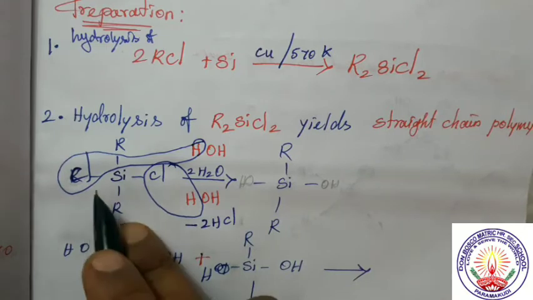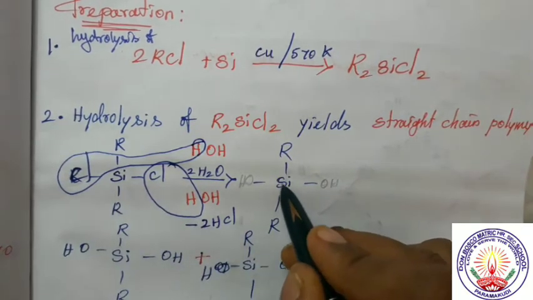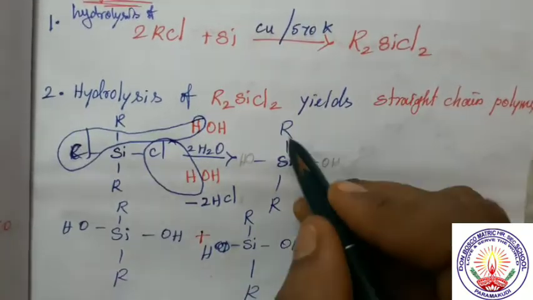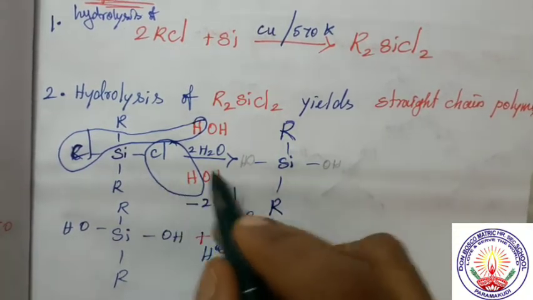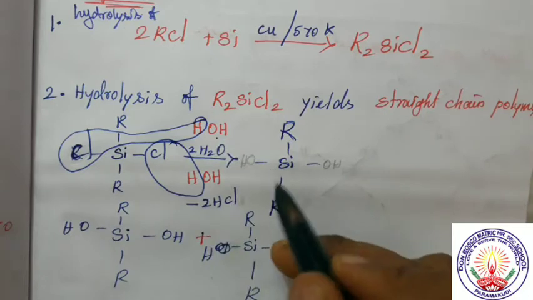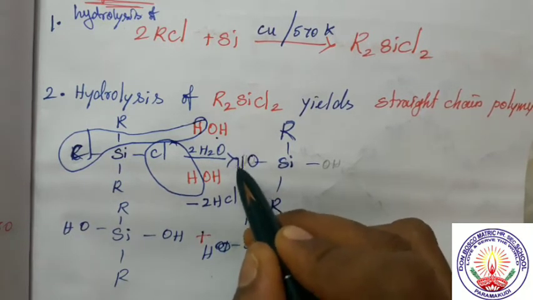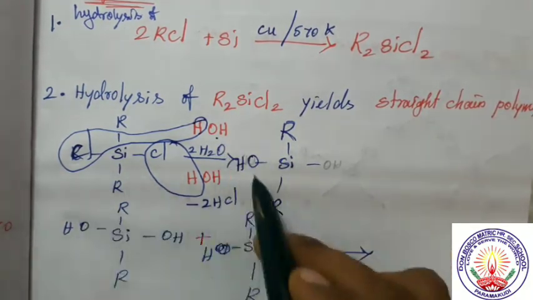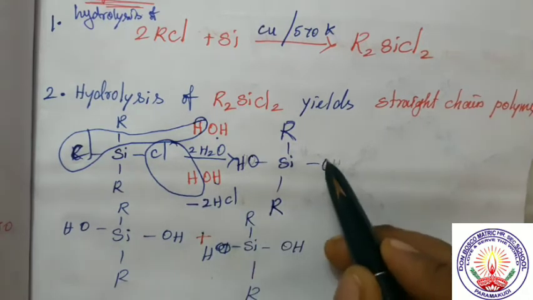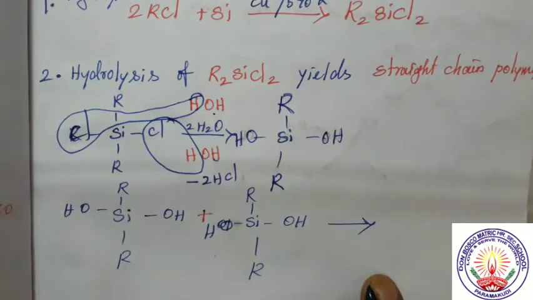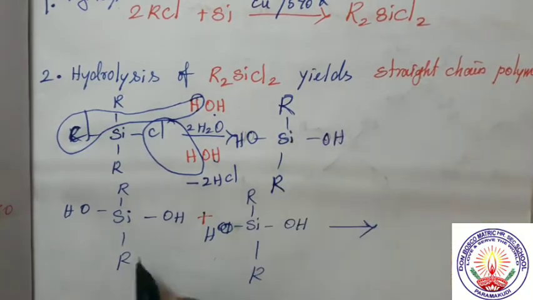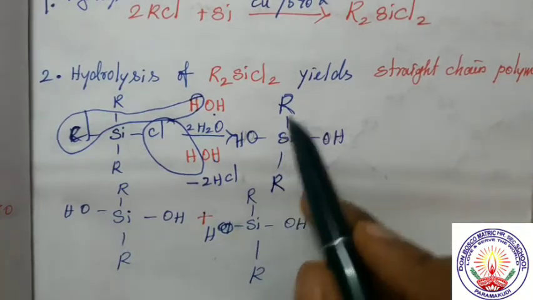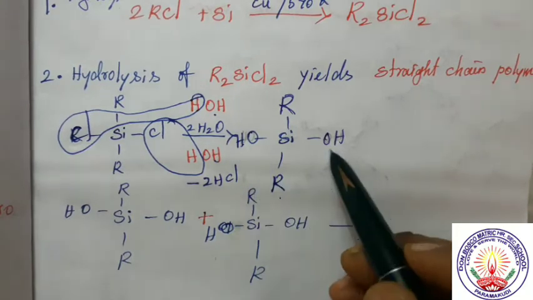So we are getting silicon, the alkyl group, and the remaining is OH. So this OH and the other OH. So now we are having the compound R2Si(OH)2.